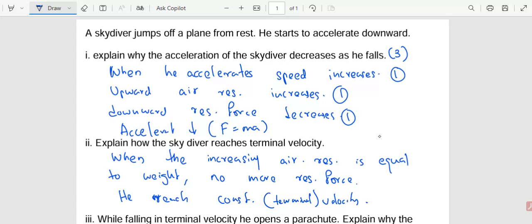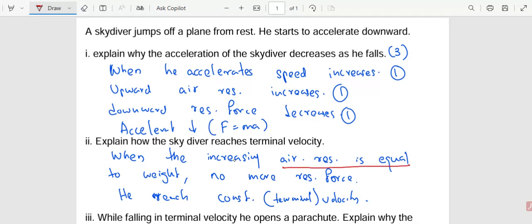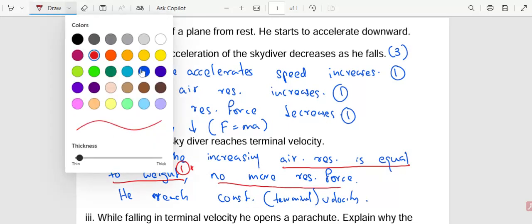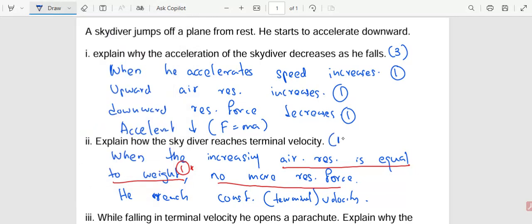So then he will be reaching constant velocity. Now, if this is a question in the paper, it will be a 2 or 3 marks question. If it's a 1 or 2 mark question, then air resistance is equal to the weight. This is actually 1 mark, right? So if it is a 1 mark question, this is the point you get the 1 mark. Then this will be a second point if it is given a second mark, right?